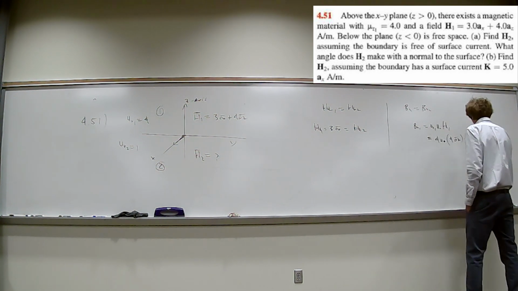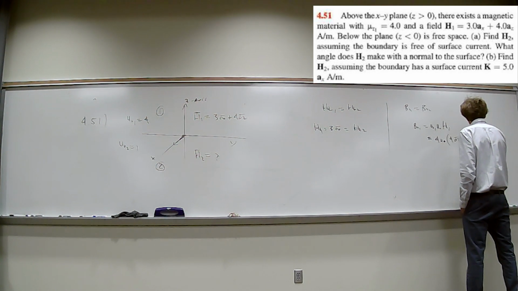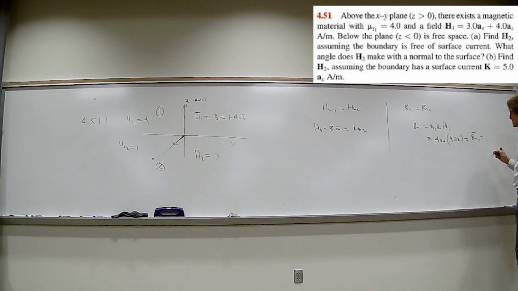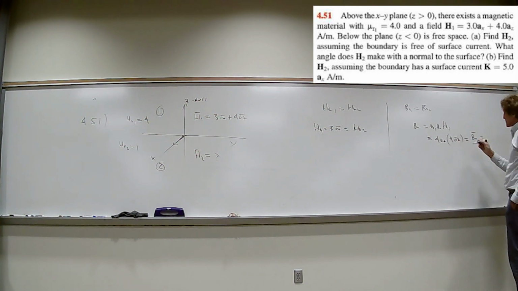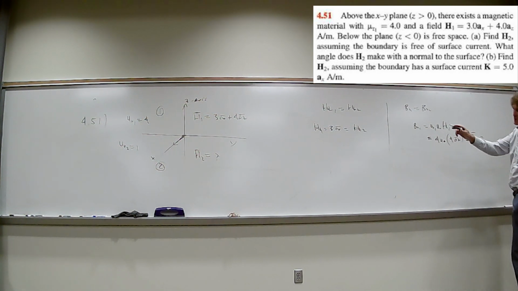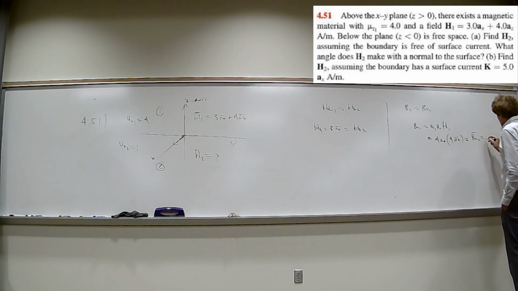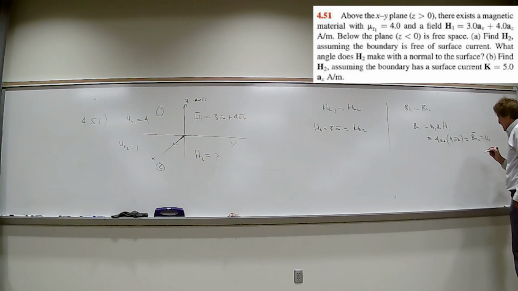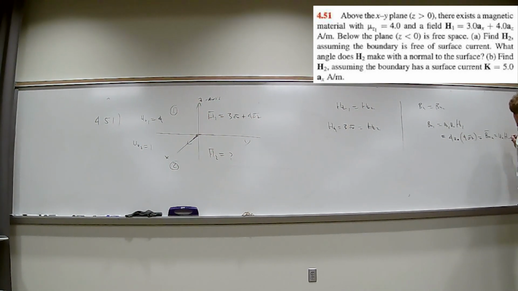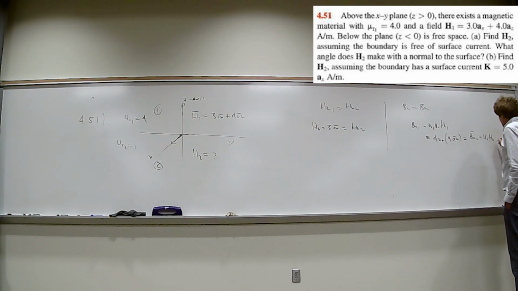That's equal to the normal component of the B field in region 2. Well, the B field in region 2, in terms of the H field, would be mu relative, which is 1, times mu 0, right? And then it's times the H field that would be normal in region 2.